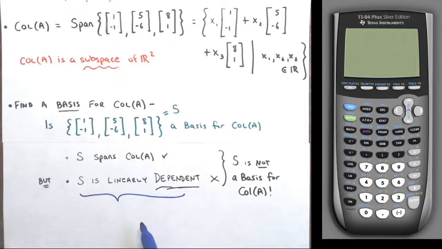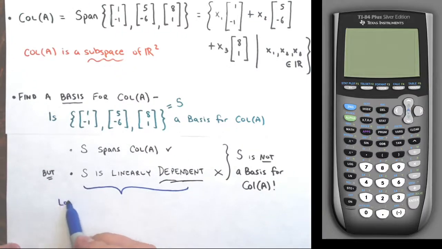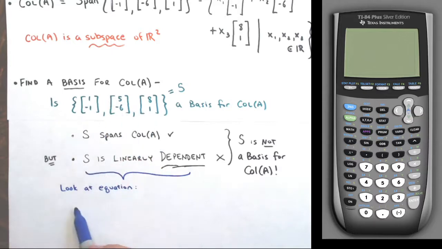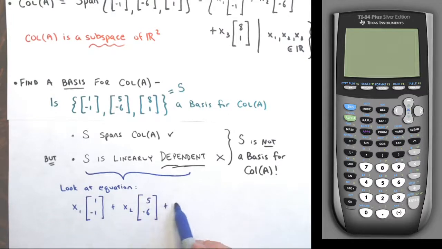To show this, you look at the equation where a linear combination of these three is set up. So x1 times 1, negative 1, plus x2 times 5, negative 6, plus x3 times 8, 1.